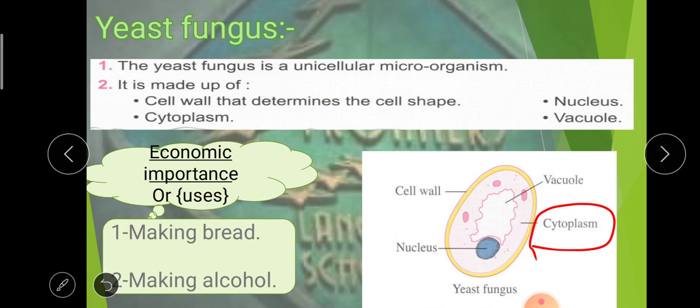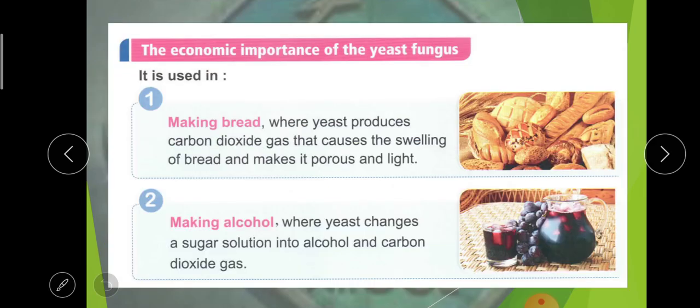Yeast fungus has economic importance. We use yeast fungus in our daily life in making bread and making alcohol. Why do we use yeast fungus in making bread?